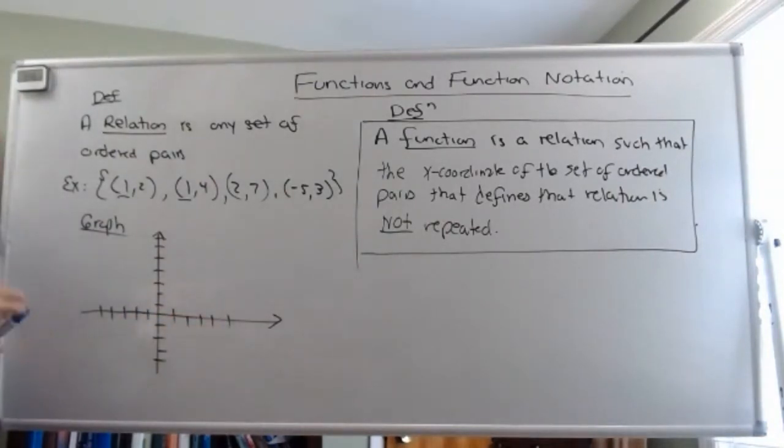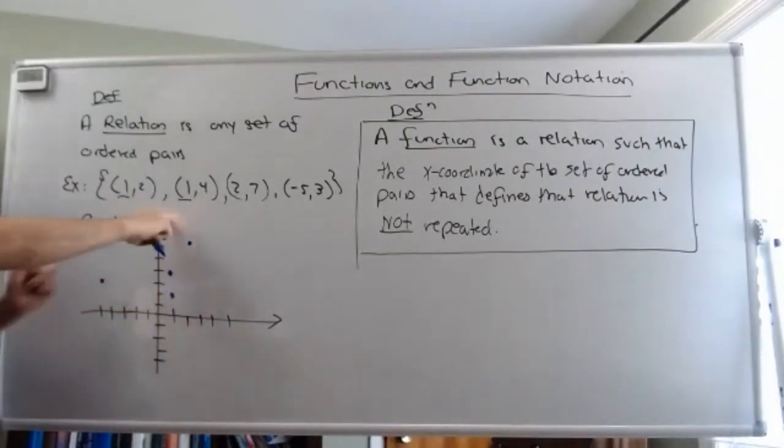So if I graph those 4 points, I have 1 comma 2, 1 comma 4, 2 comma 7, and minus 5 comma 3. Right about here.